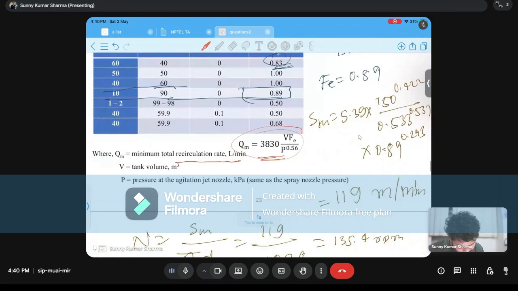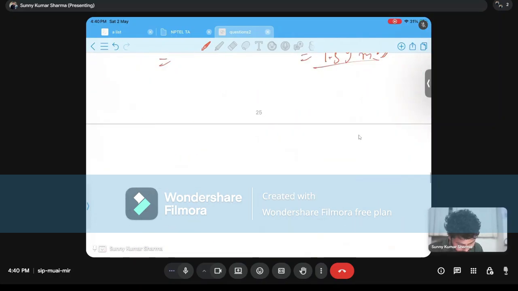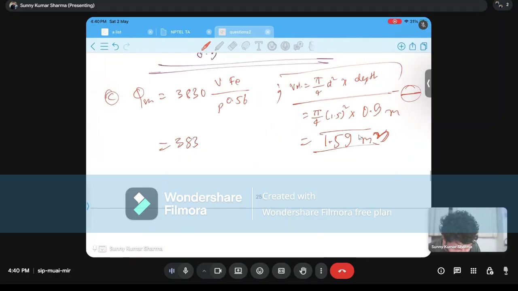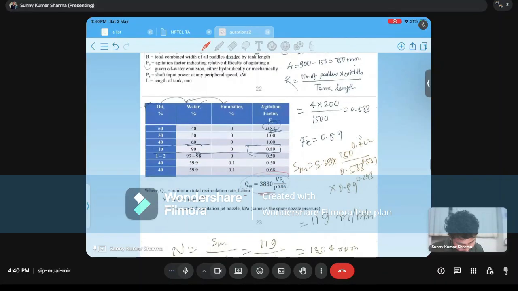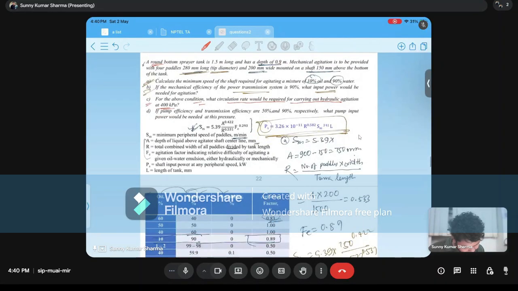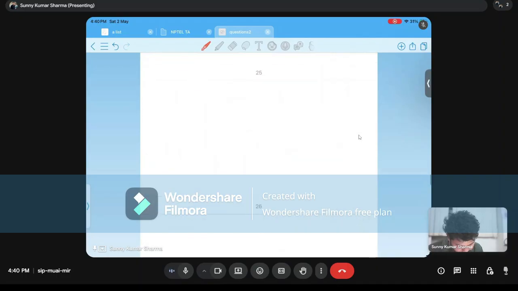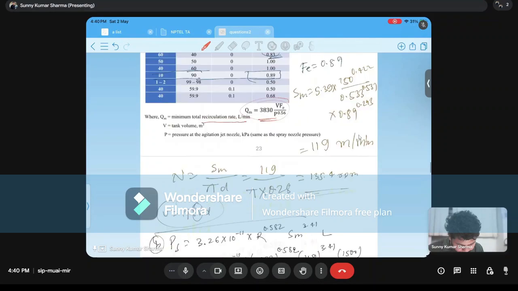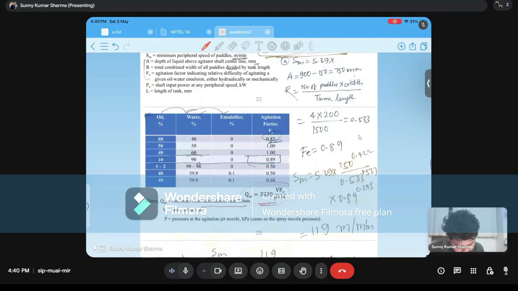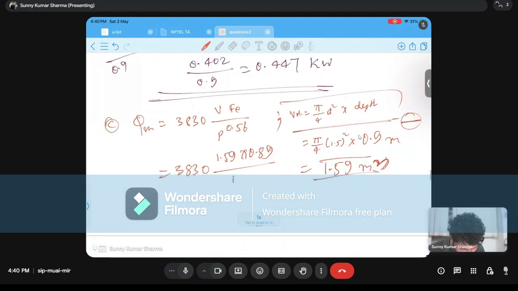The volume should be in meter cube and pressure in kilopascal. So 3830 into 1.59 meter cube, and FE is 0.89 into 0.89 by pressure, which is 400 kilopascal, to the power 0.56.